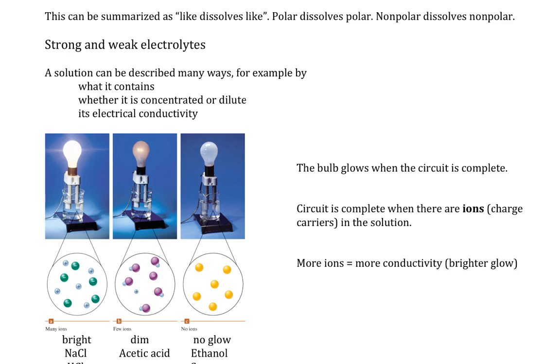And we call that the circuit being complete. In our first picture on the left, we see the glowing light bulb because the circuit is complete. The circuit is complete when there are ions, that is, charge carriers, in the aqueous solution. The more ions there are, the more conductivity there is, the brighter the glow we get.